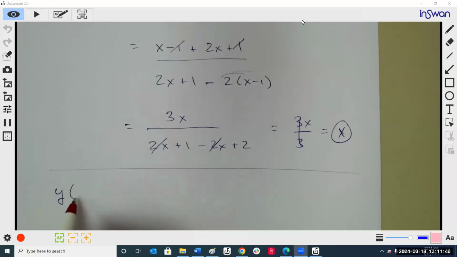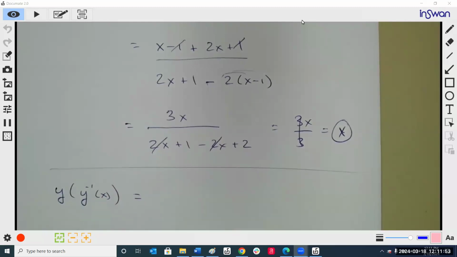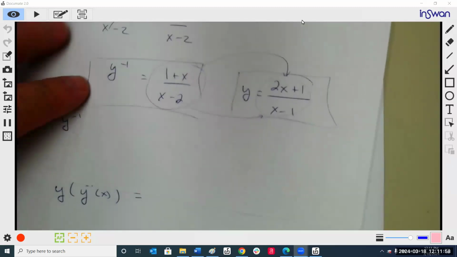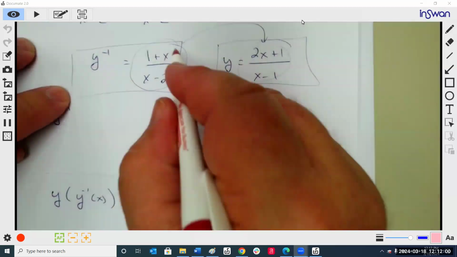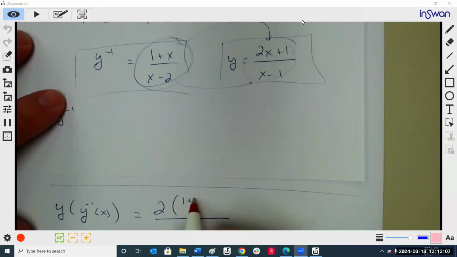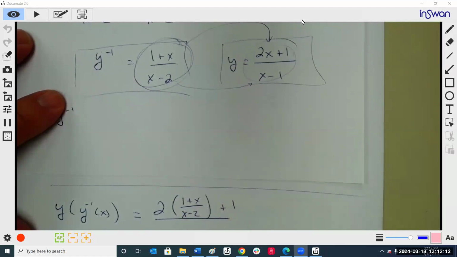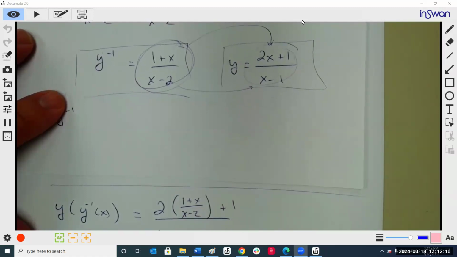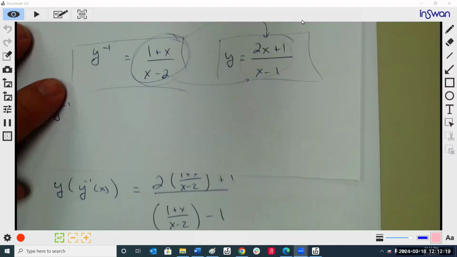Now we've got to do the y inverse. So anywhere I see an x here, I put that. 1 plus x over x minus 2, plus 1. 1 plus x over x minus 2, minus 1.